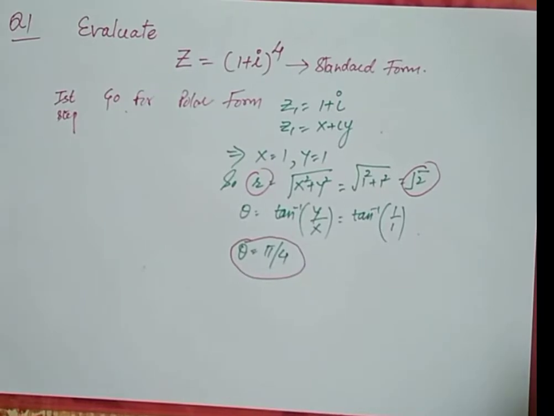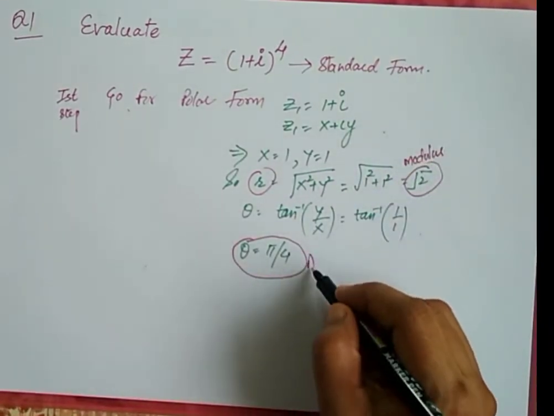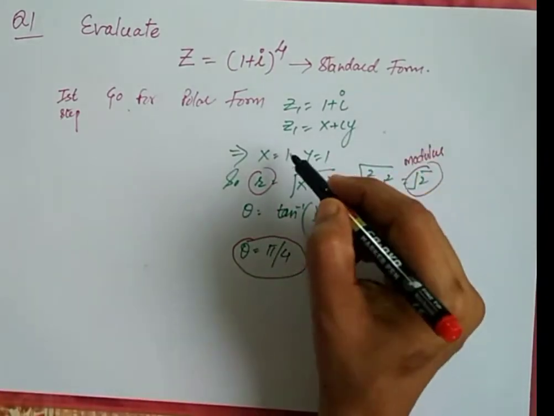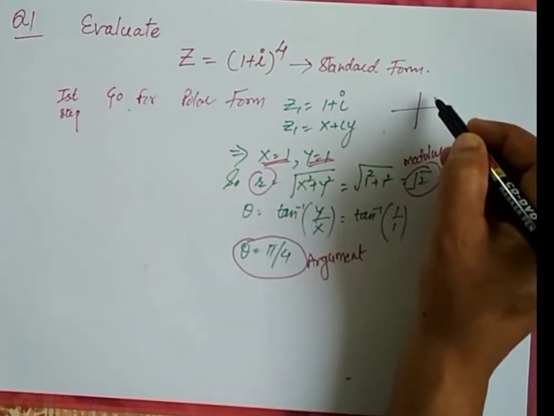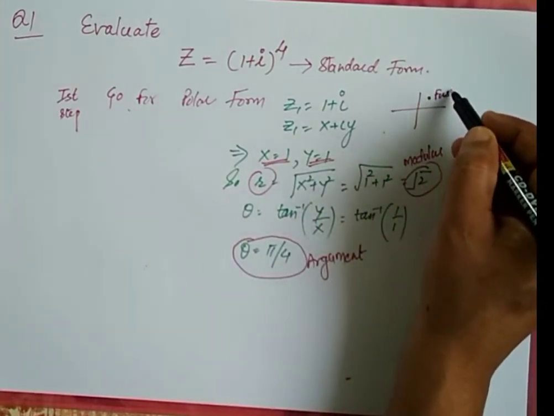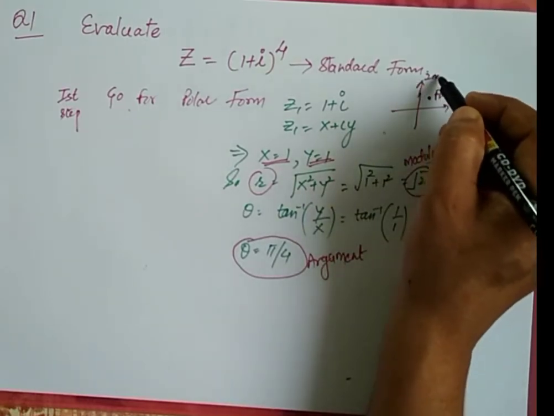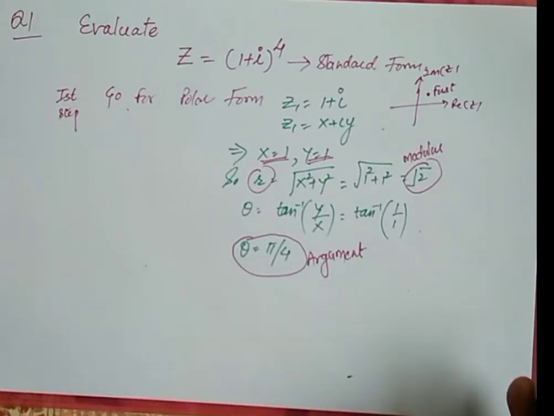Every time we need a polar form, we need the value of r and theta. We need modulus, this one is our modulus and this one is our argument. Note that x and y both are positive values, so your number is lying in first quadrant. This is real z, imaginary z. So our argument will be equals to pi by 4.